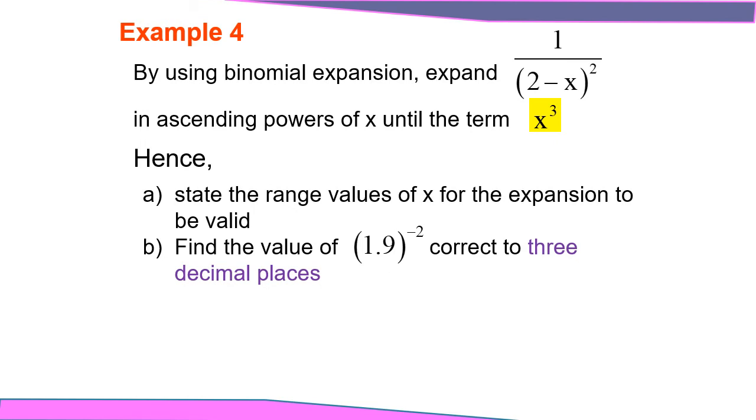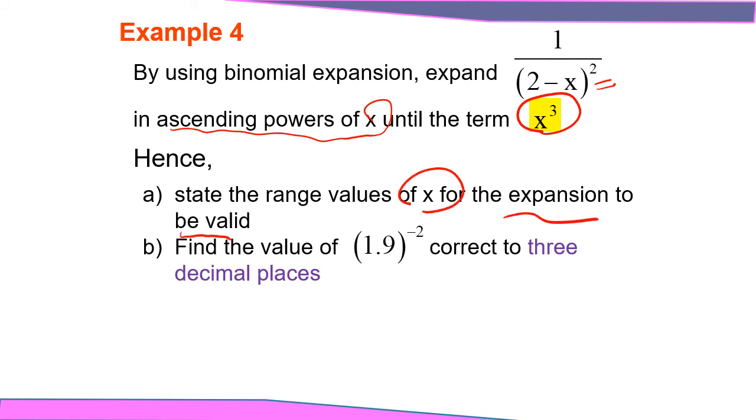Example 4. By using binomial expansion, expand 1 over 2 minus x all to the power of 2 in ascending powers of x up to the term of x cubed. Hence, state the range of values of x for the expansion to be valid.